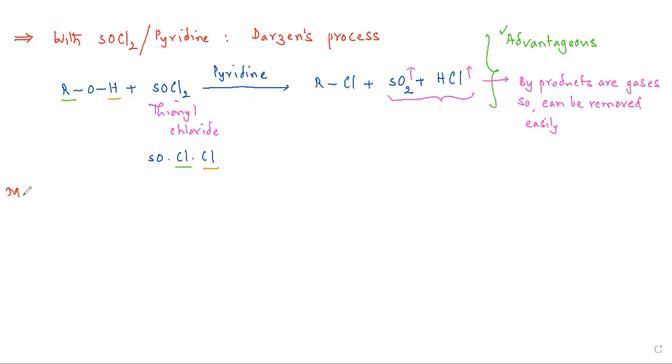Now let us see the mechanism. This is thionyl chloride. Chloride is lost.